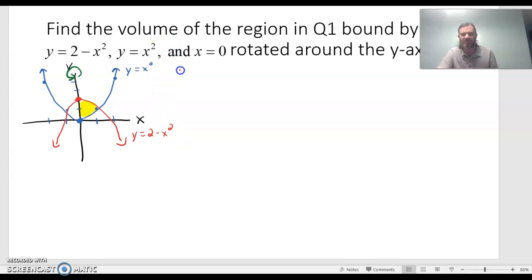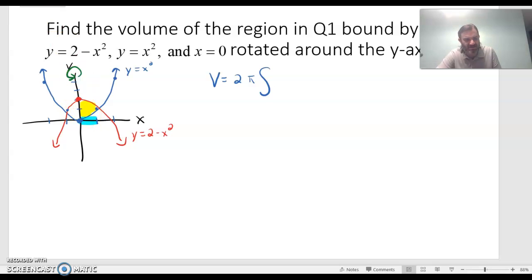So around the y-axis, we want everything to be in terms of x. So my volume will be 2 pi, and we'll have bounds in terms of x. Along the x-axis down here, the bounds will be from 0 to 1. That's the place that the region exists for us.